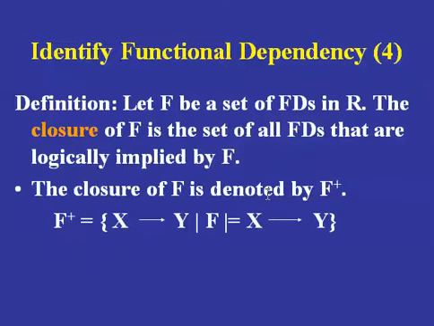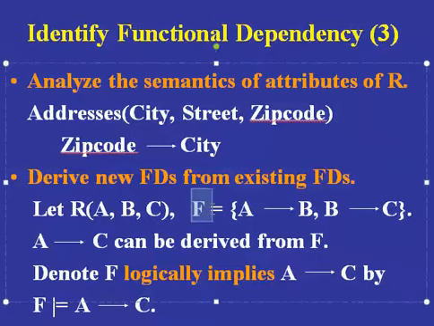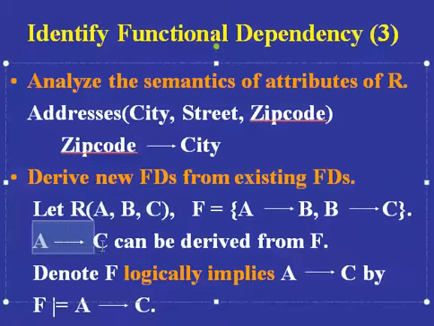So I need to actually know all the functional dependencies that apply for a given table. The way that I know that I don't have any other functional dependencies is by computing F plus. Going back to my previous example, I have a set F, which denotes some functional dependencies over this table. Now, are they all? In this case, they were not all because there was another one here.